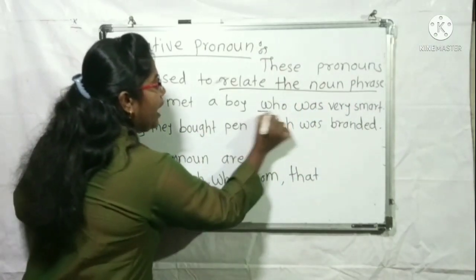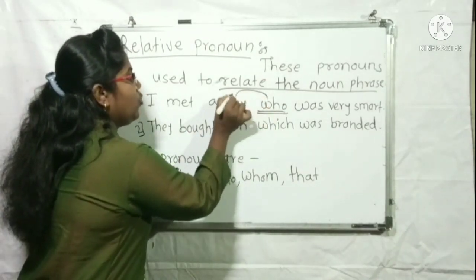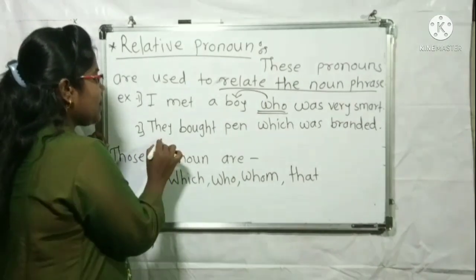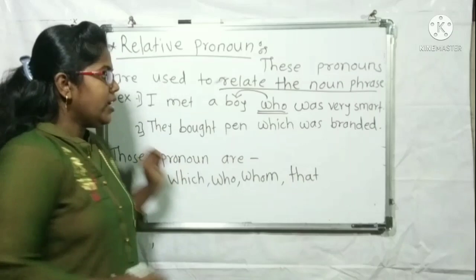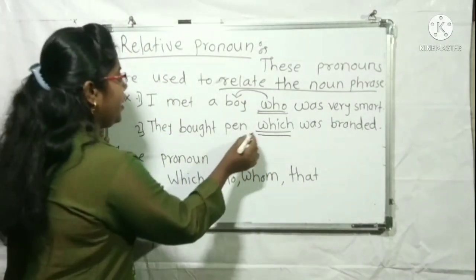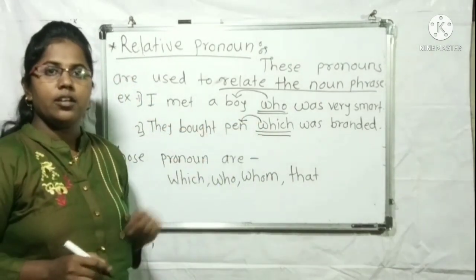Here I have used who, which is a relative pronoun, and it relates to the noun phrase a boy. Then in the second example, they bought a pen which was branded. Here I have used which as a relative pronoun and it relates to the noun pen.